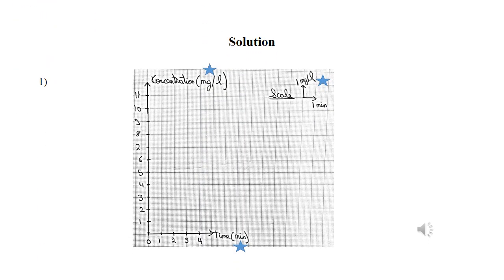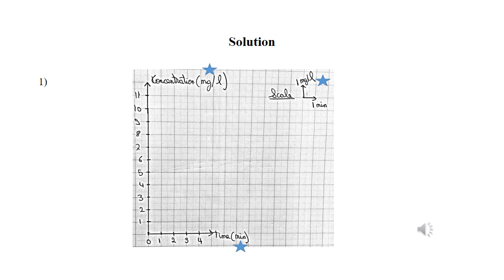The next step is to put the numbers on the graph based on the scale. On the x-axis, we took that every 1 square represents 1 minute. So every 1 square, so 0, 1, 2, 3, 4. However, on the y-axis, we also took that every 1 square represents 1 milligram per liter.